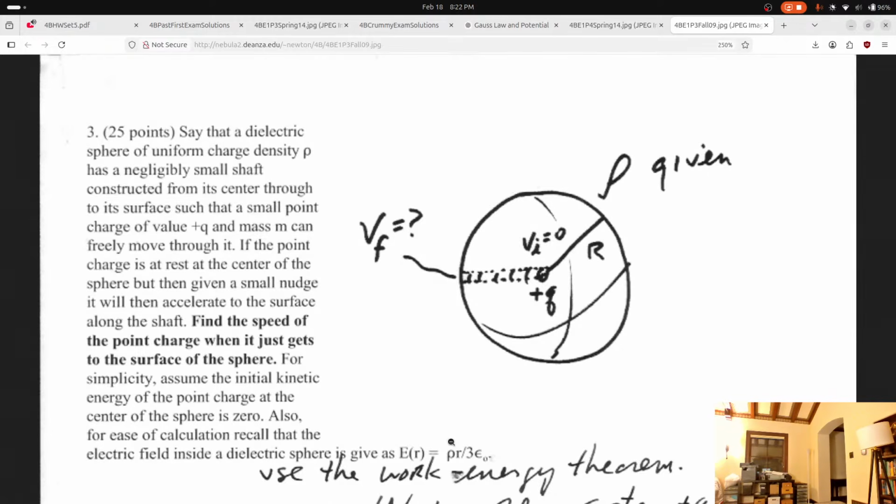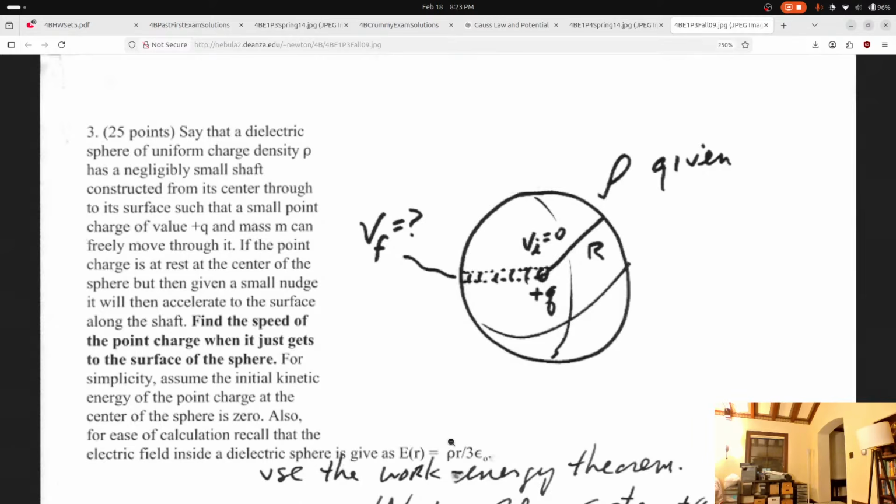Okay, so now we just need to do delta V is equal to minus the integral of rho r over 3 epsilon naught, r hat dot dr r hat. These cancel.